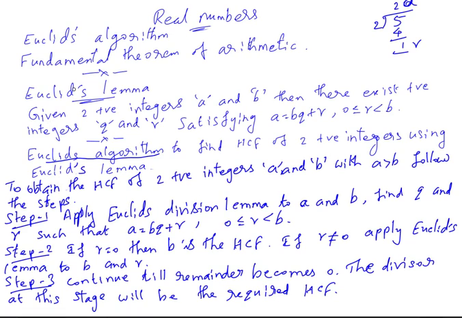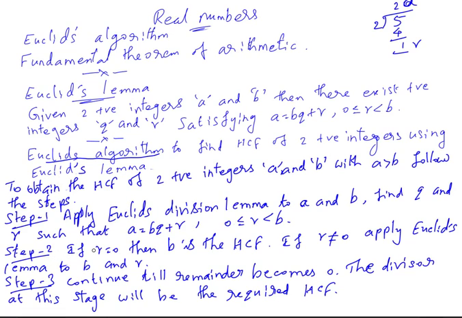Given two positive integers a and b, there exist q and r, the quotient and the remainder, satisfying a equals bq plus r, where r ranges from 0 up to less than b.